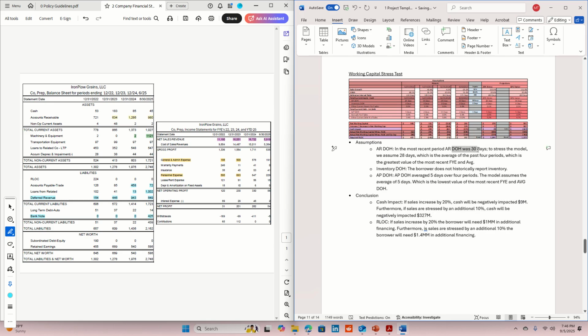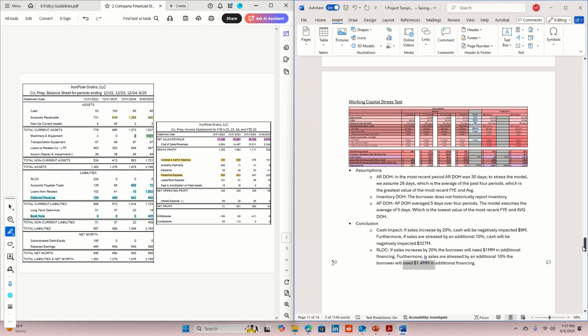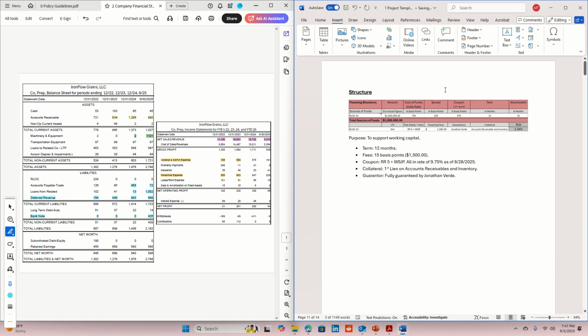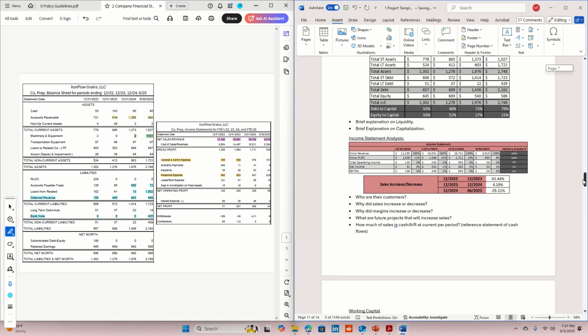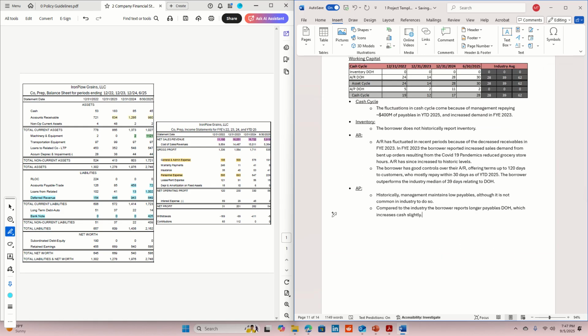If receivables take longer to collect, and if payables are being paid faster, then all that's going to happen is we're going to need $1.4 million in financing. Now, they're asking for $1 million, so they're not going to need additional capital. Actually, let's add this statement here.